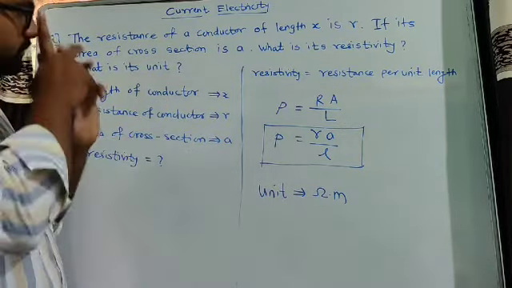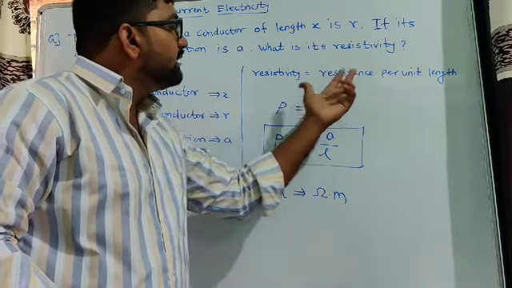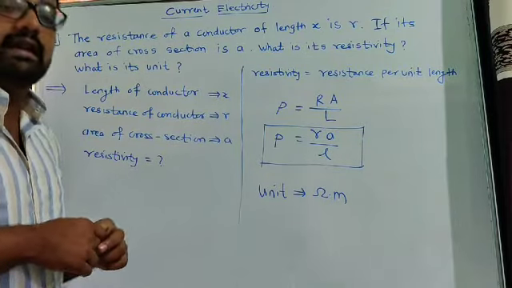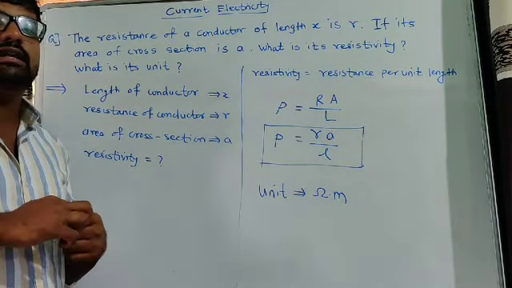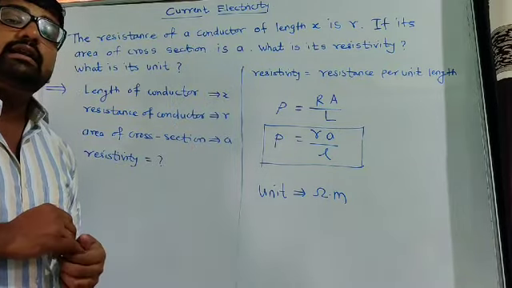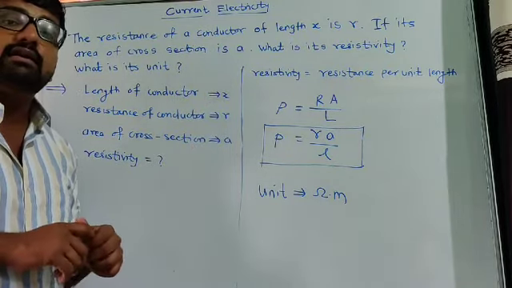So we know resistivity is nothing but the resistance per unit length. At per unit length, how much resistance is present in the given electrical conductor, that is nothing but the resistivity.